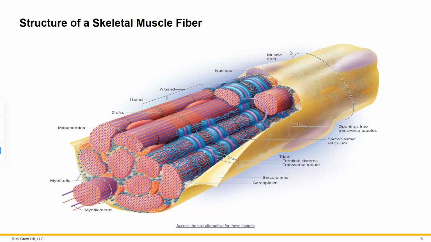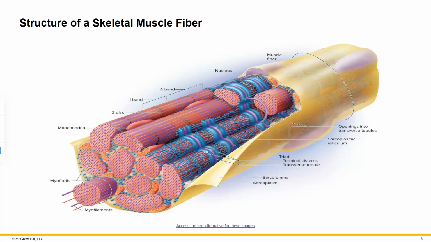The axon leads down to an axon terminal, and the axon terminal forms a connection with the sarcolemma, or the cell membrane. It's going to stimulate a local potential in this membrane, which causes an electrical signal to travel inside the muscle fiber, or the muscle cell.